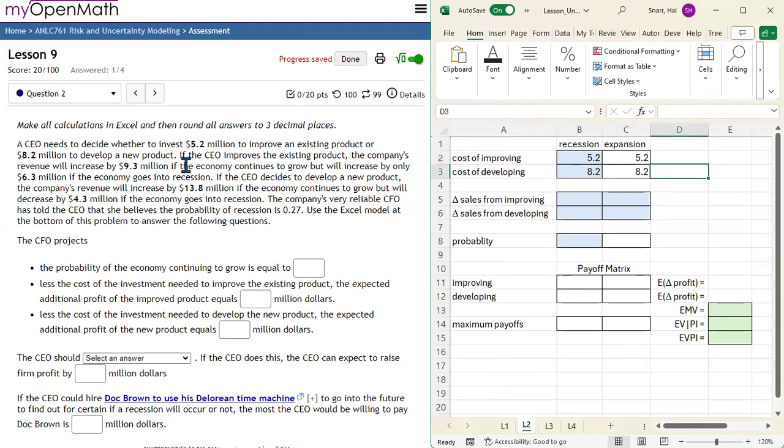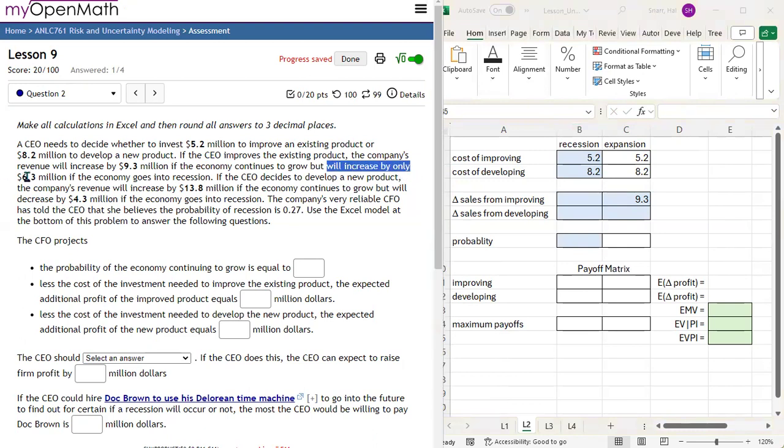Now, if a CEO improves the existing product, so we're right here, the company's revenue will increase by 9.3 million if the economy continues to grow. $9.3 million increased sales from improving during an expansion. Company revenue will increase by only $6.3 million if the economy goes into recession.